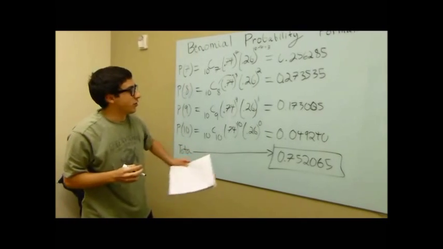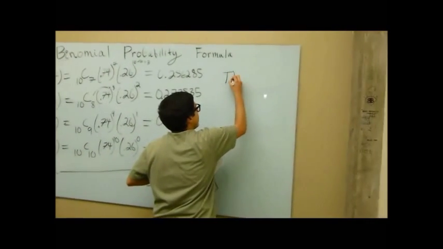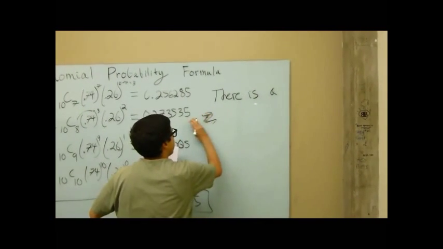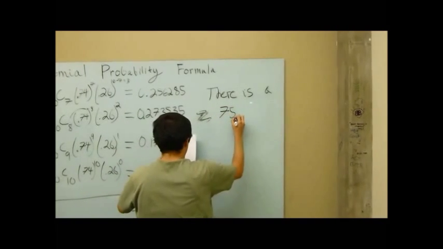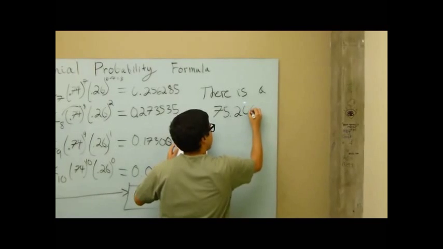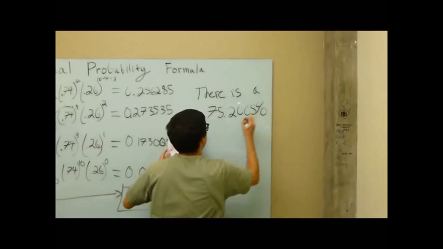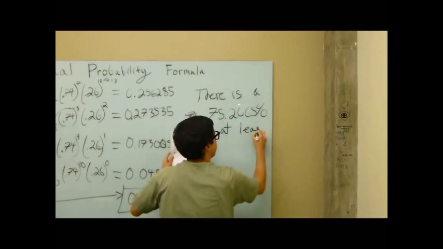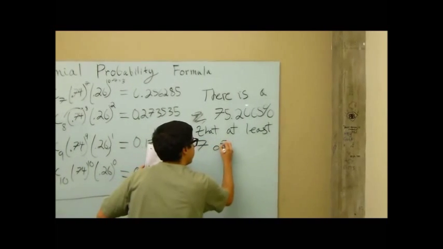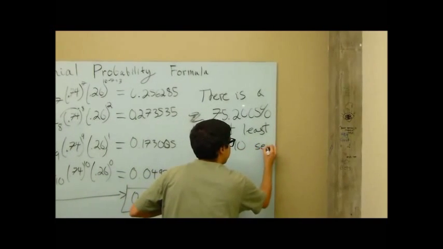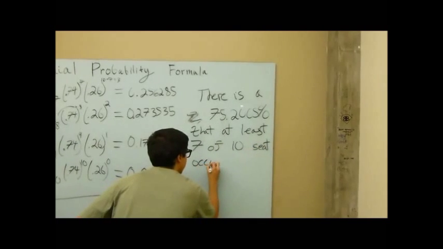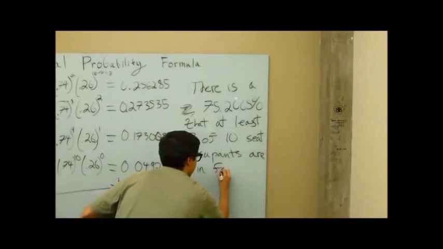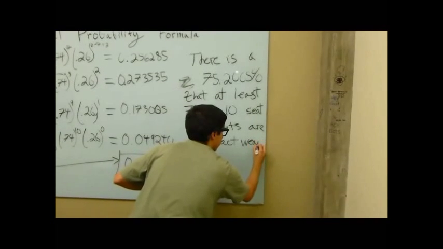And one way to write this using words could be, there is a 75.2065% chance that at least 7 of the 10 seat occupants are in fact wearing seatbelts.